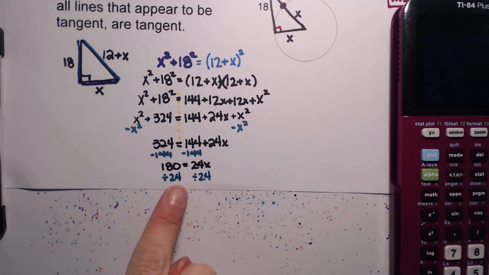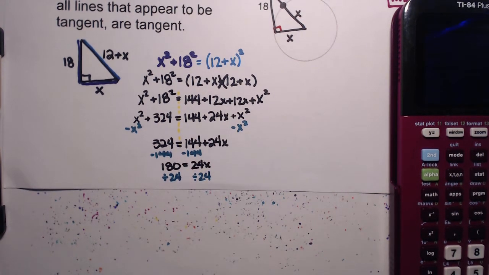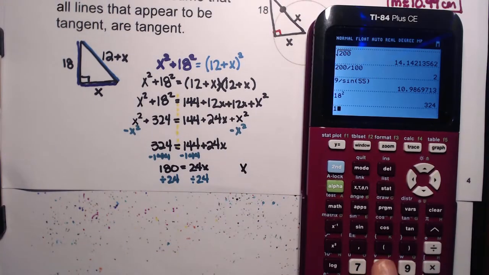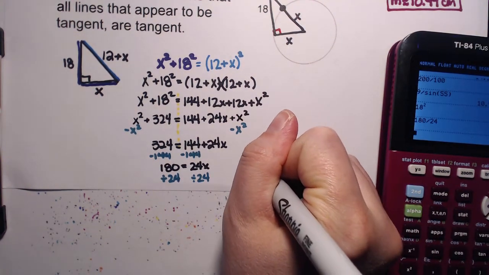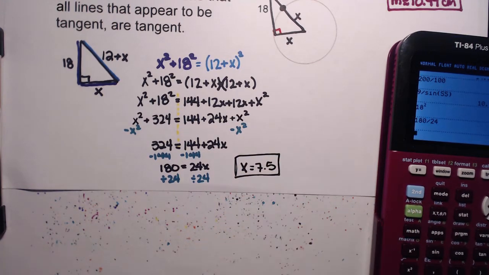Because 24 divided by 24 is just 1, and then I get 1 times x. And then 180 divided by 24 is 7.5. There were no units, so that's my answer.